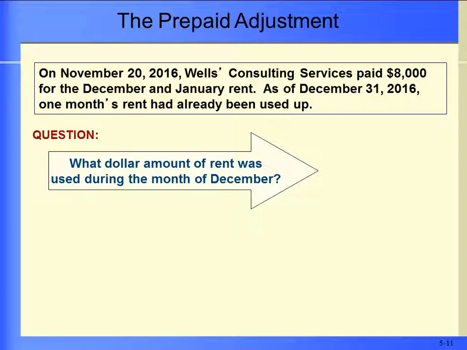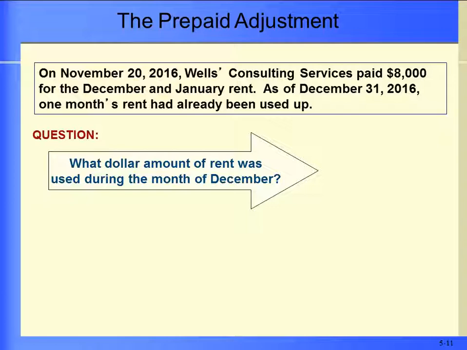So in reality, we would take the total of 8,000 divided by the amount of months. So if it was $12,000 and we were doing the whole year, it would be $1,000 a month that we would actually adjust. In this example, we're only dealing with 2 months. That's just how the example is.